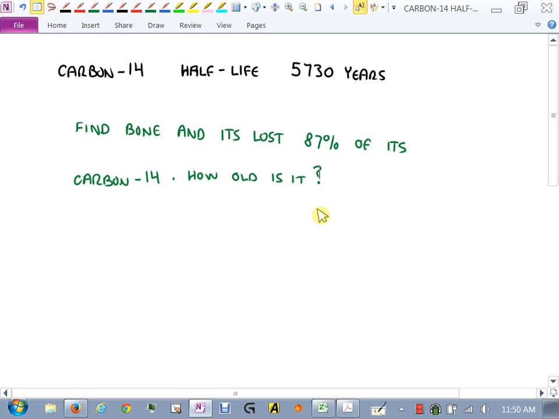Well, let's first realize this is decay, right? So we know it's got to follow this, e to the kt. We've got to figure out what the decay constant is. How do we figure out the decay constant if someone gives you the half-life? This side becomes 0.5. This is 1, right?